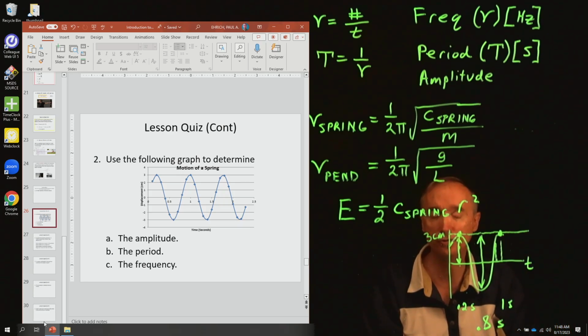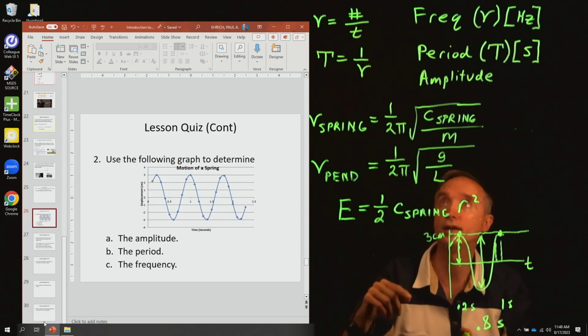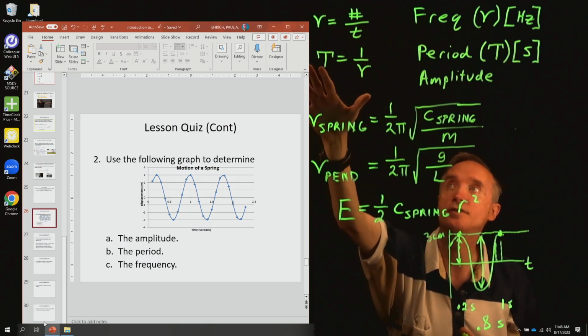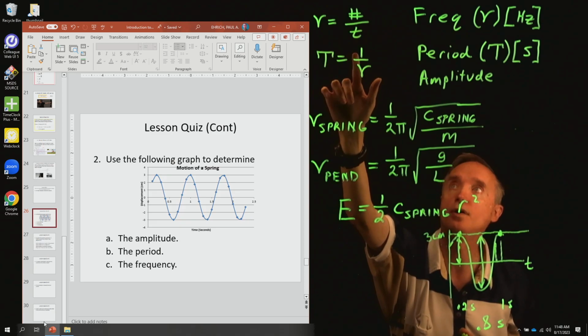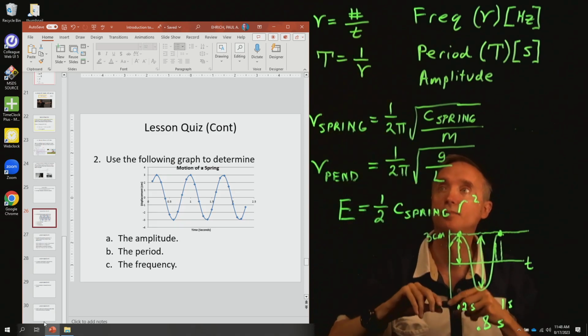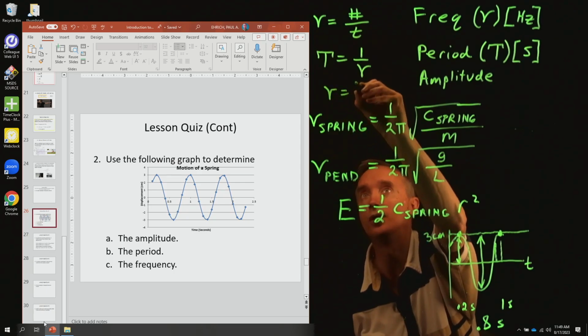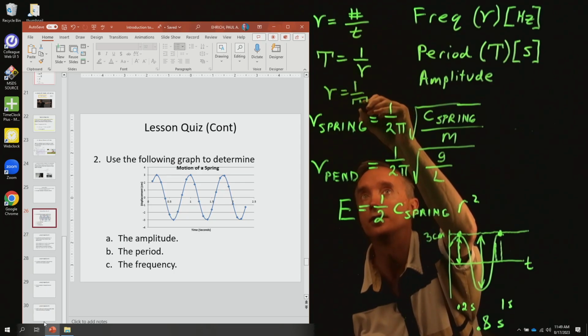Now, what would we do with the frequency? In order to calculate the frequency, we're going to use this formula that says that the period is 1 over the frequency, but another way of writing that is that the frequency is 1 over the period.